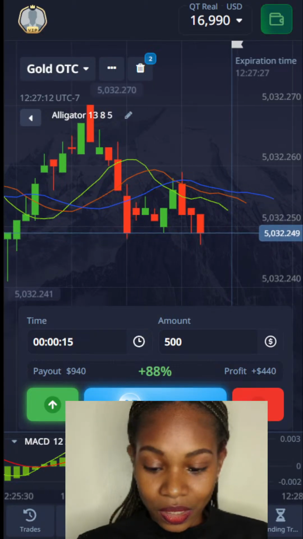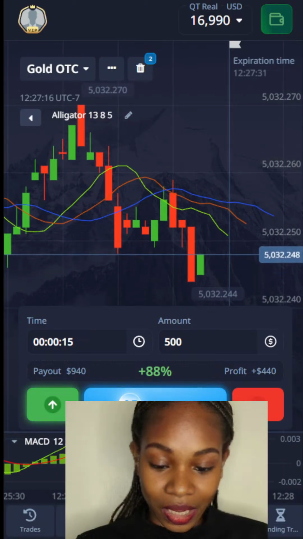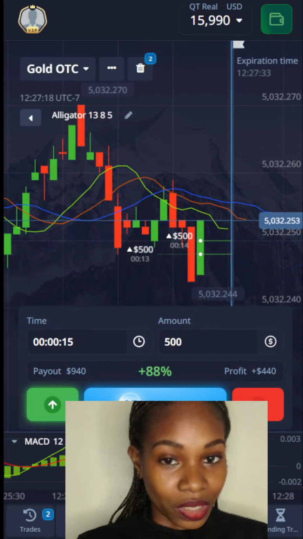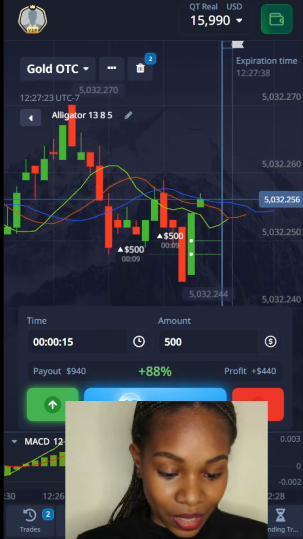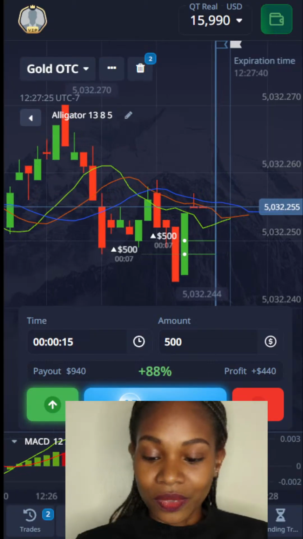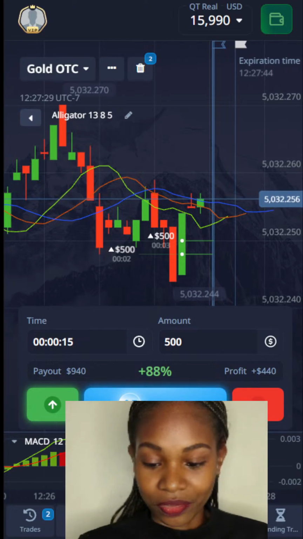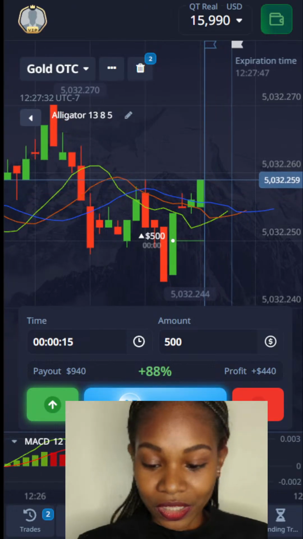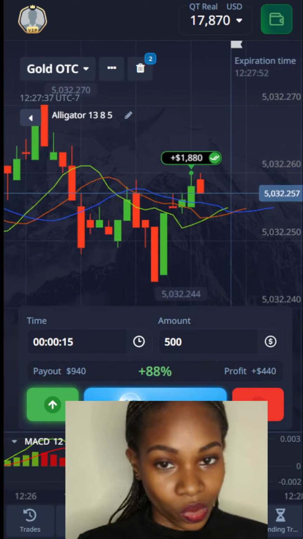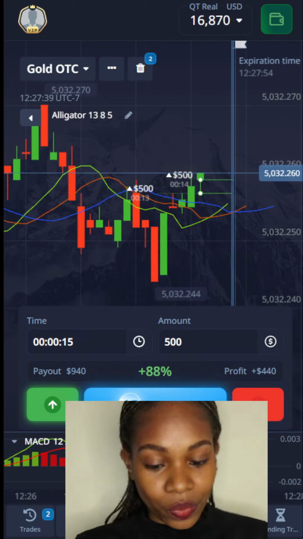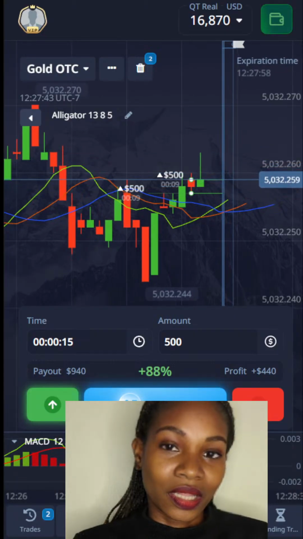For these lines, the MACD line and the signal line, this is what we look at. The MACD line is the most important line, and that is our green line. Then the signal line is the red line. So whenever the MACD line crosses above the signal line, there we are looking for the call option, or the buy option.